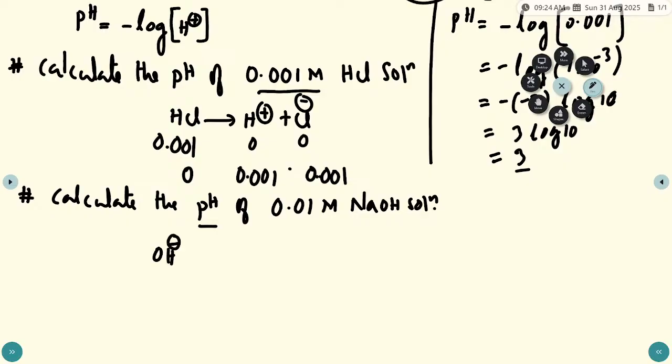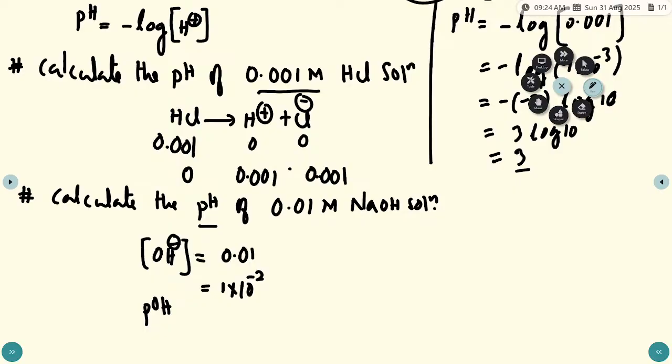From the given problem, the OH minus ion concentration is 0.01 M. So you can write this as 1 into 10 to the power of minus 2, isn't it? Since the OH minus ion concentration is given, first you calculate the pOH and then the pH.